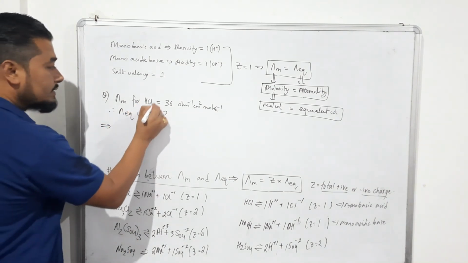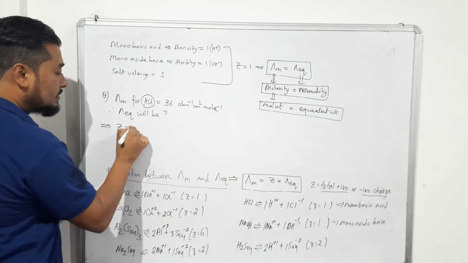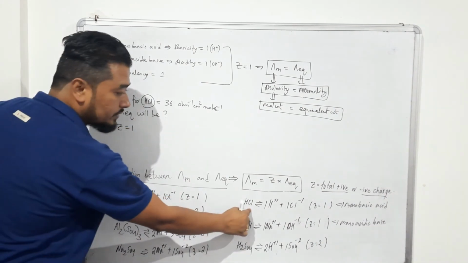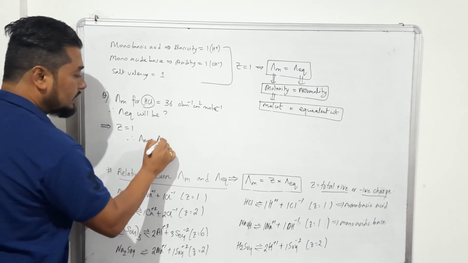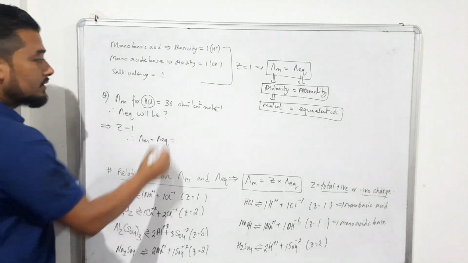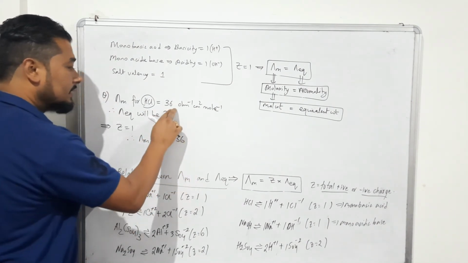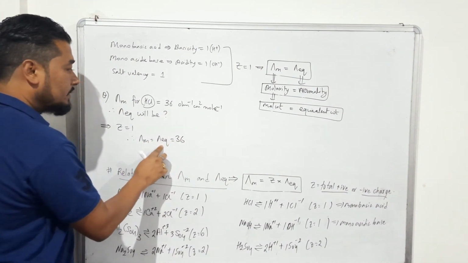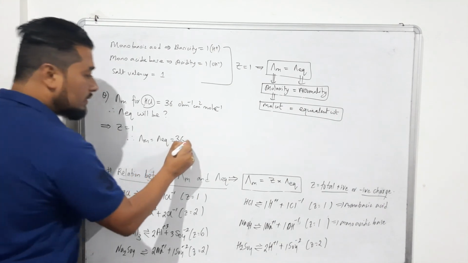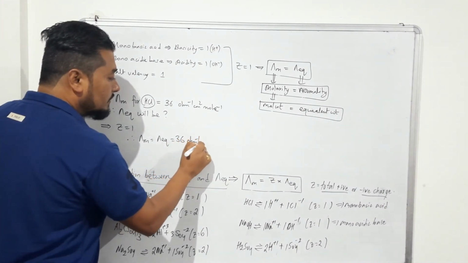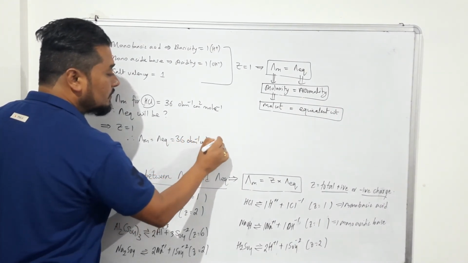Now you can see HCl is given. For HCl, Z is 1, we have found out here. So since Z is 1, lambda M and lambda EQ will be equal. Therefore, the value will be the same. We have to find lambda EQ. It will be the same, 36 only. And the unit will be ohm inverse centimeter square EQ inverse.